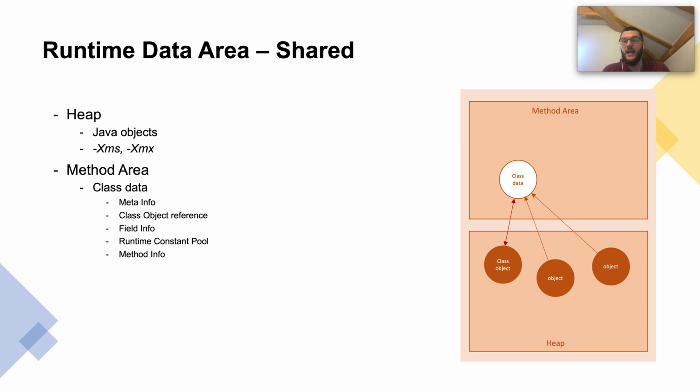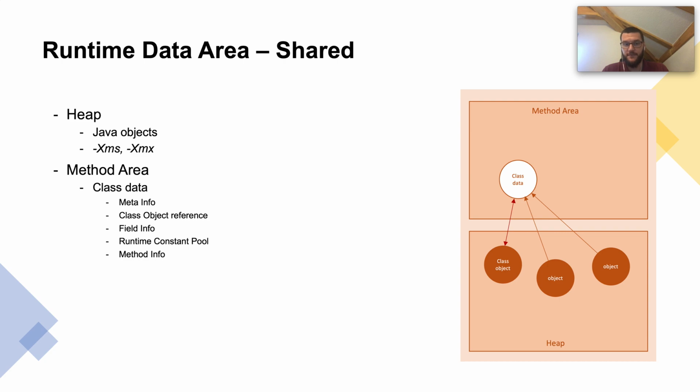For example, a class loader, when loading a class, first checks if there is a class object on the heap for this class. It does this by looking in the method area at the class data.